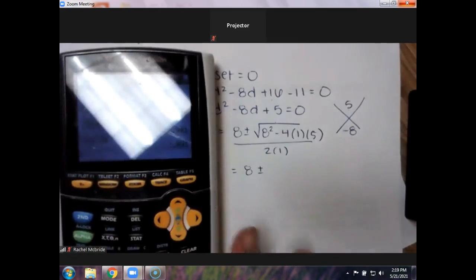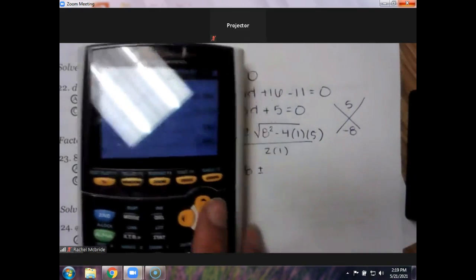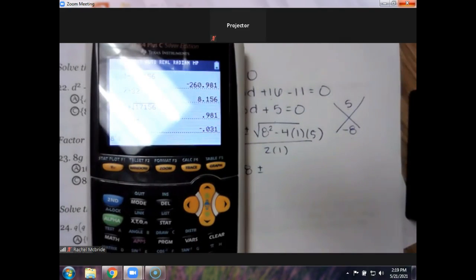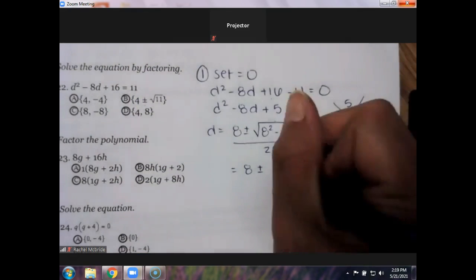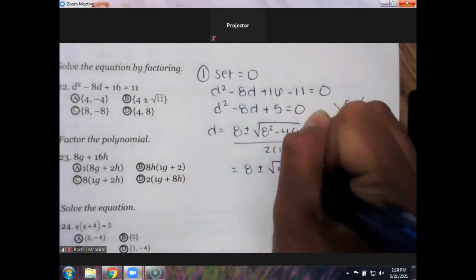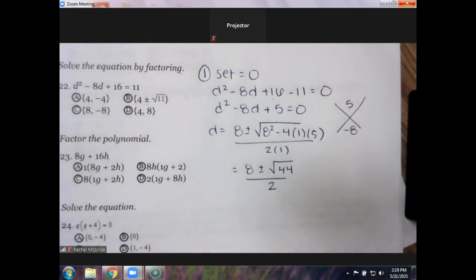So you have 8 plus or minus the discriminant. So the discriminant is b squared minus 4 times 1 times 5. So your discriminant's 44, all over 2.